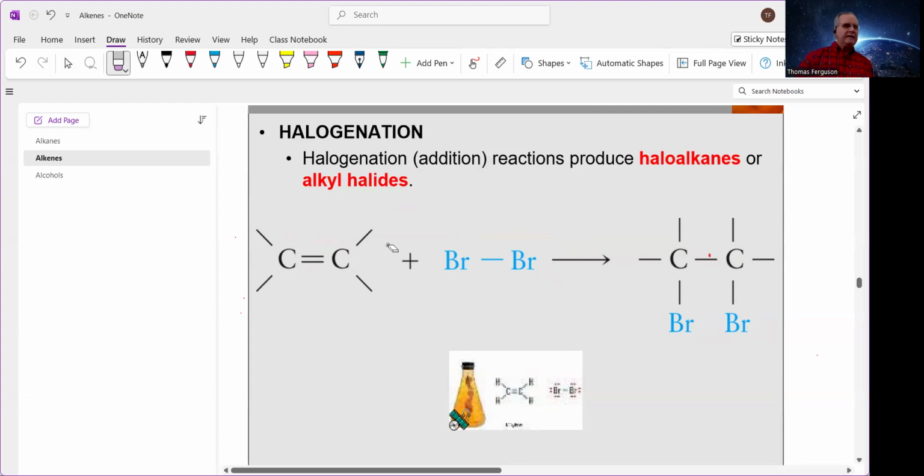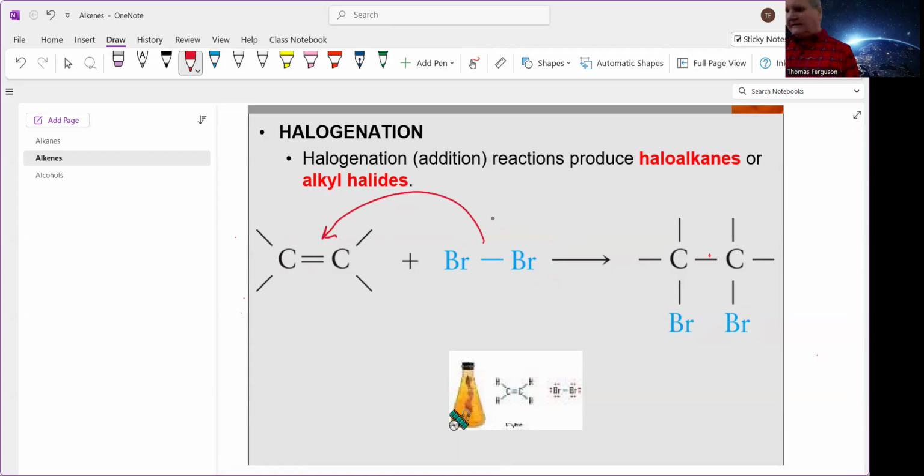All right, so we've got an alkane. Excuse me, we have an alkene, double bonded carbon. And we're going to add to that a homogenic bromine molecule. Homo means the same. Hetero means different. So whenever we add a homogenic addition to a double bond, we get no mix.